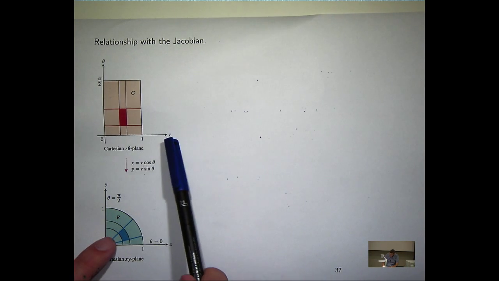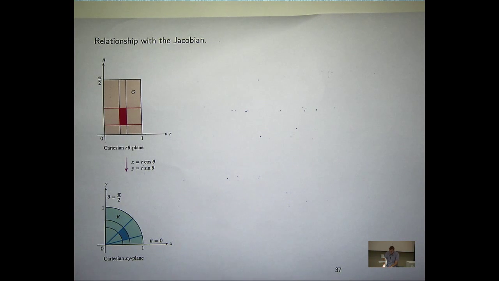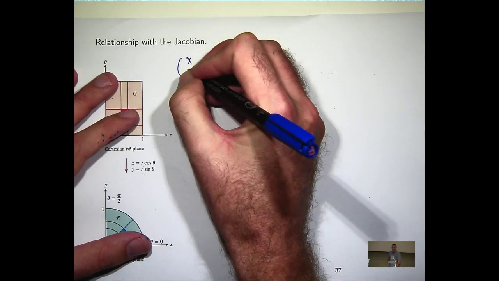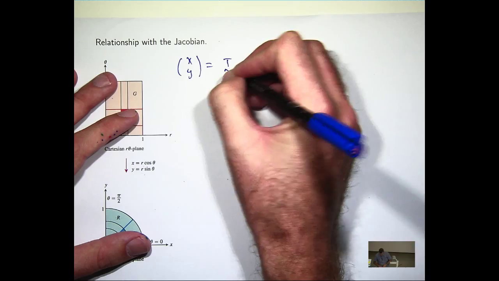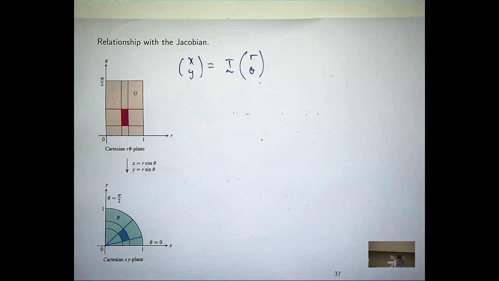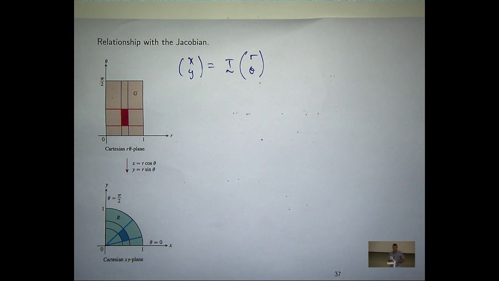But in the Cartesian r theta plane, that polar rectangle actually becomes a rectangle. So some transformation or some map acts on r and theta, and it maps everything, say in that set G, into the xy plane. You get this image R.